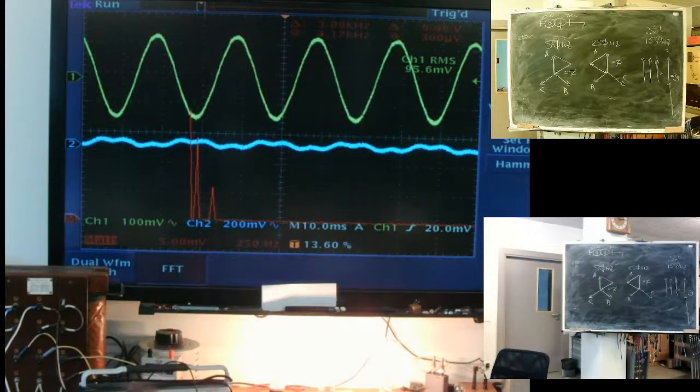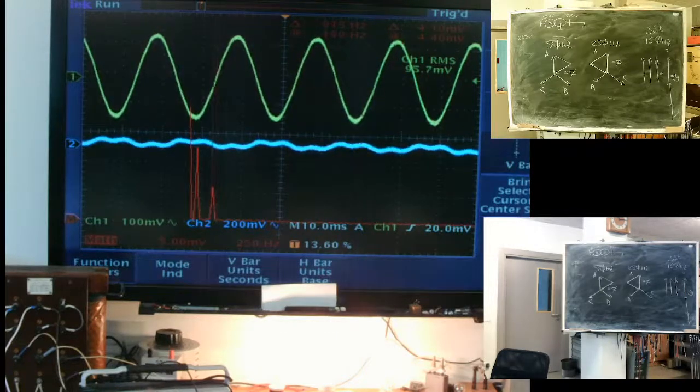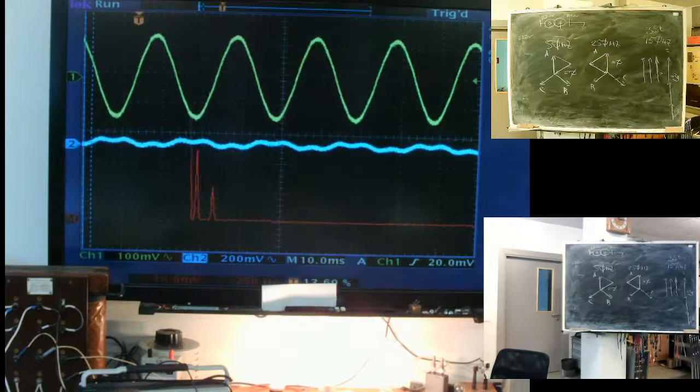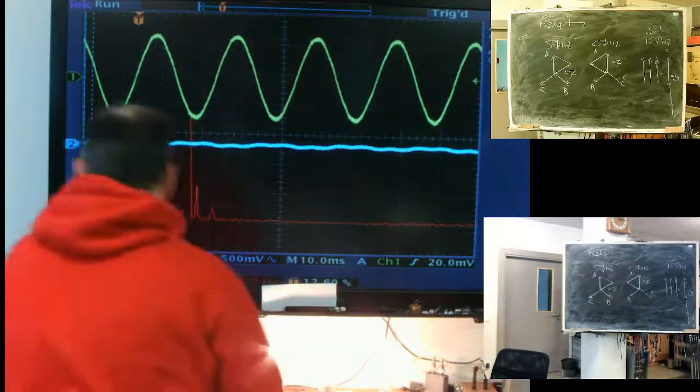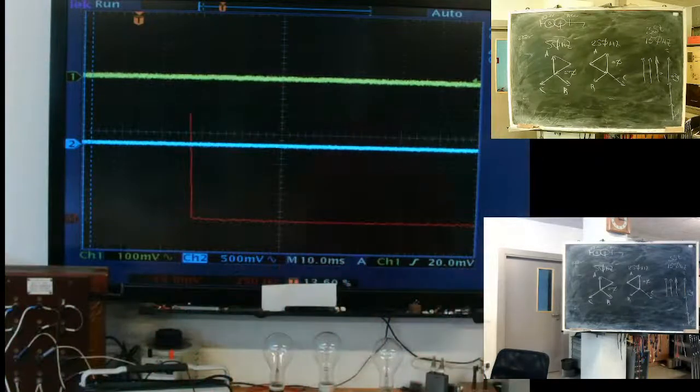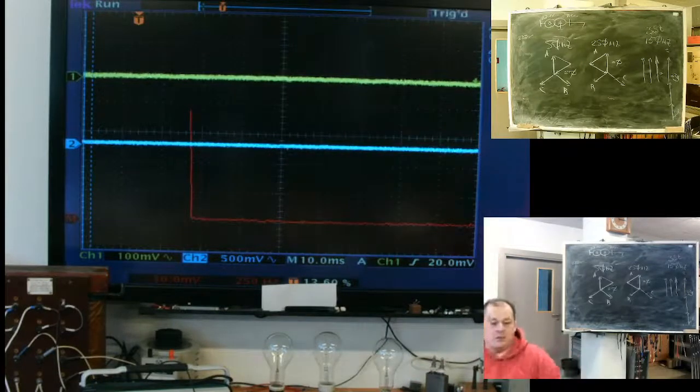One second. What did I get here? Yes, a very small amount of third harmonic, because of the transformer. Good old time. And our reality.